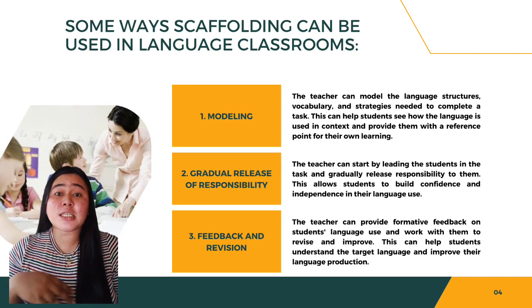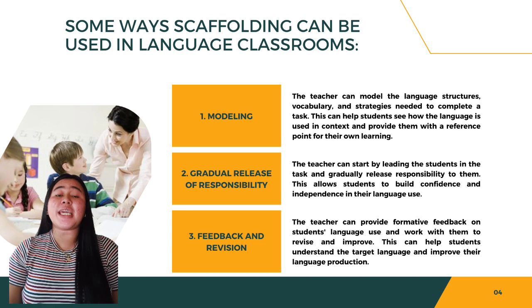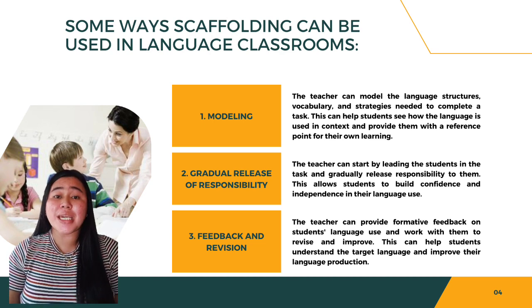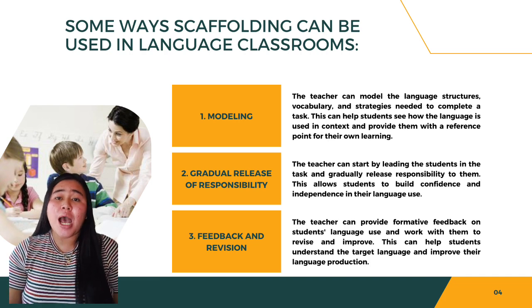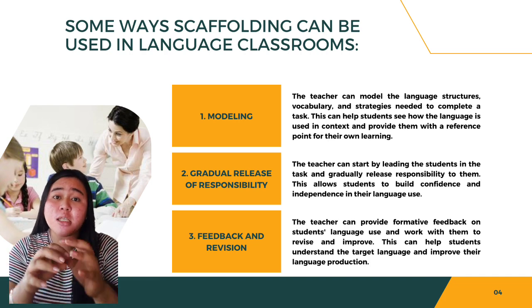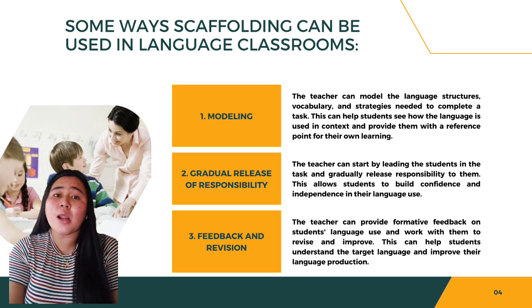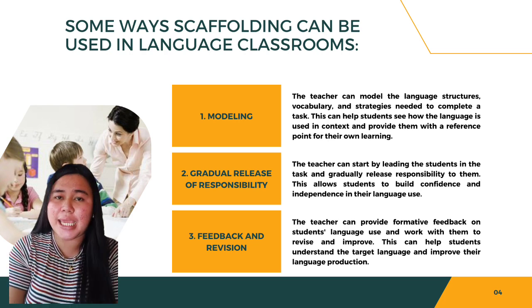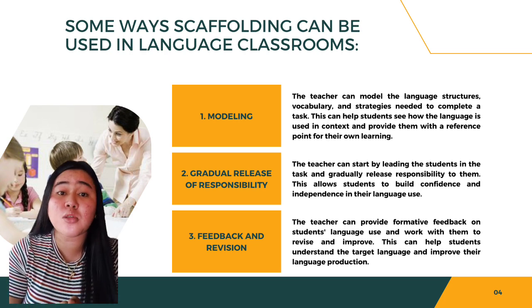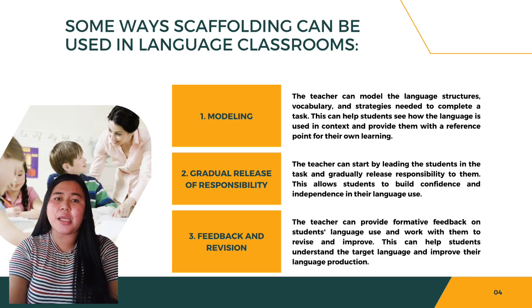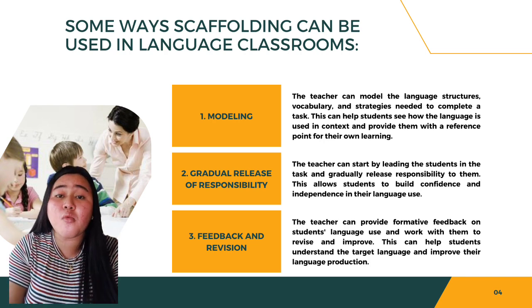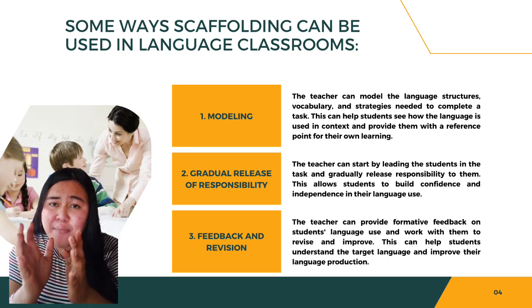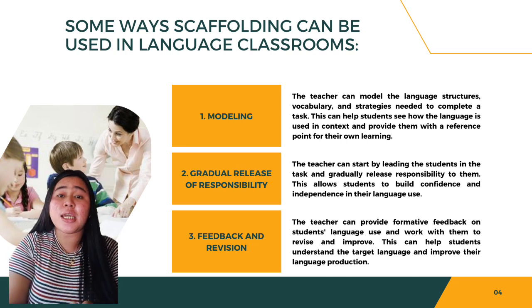Let's proceed to the several ways that scaffolding can be used in the language classroom to support student learning. As you can see in the picture, these are some examples. Number one is modeling. Modeling is an effective way to scaffold language learning by showing students how to use the target language, structure, vocabulary, strategy, and context.